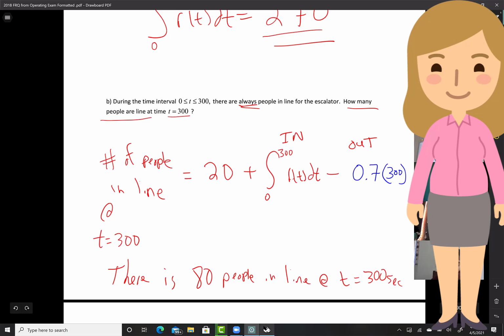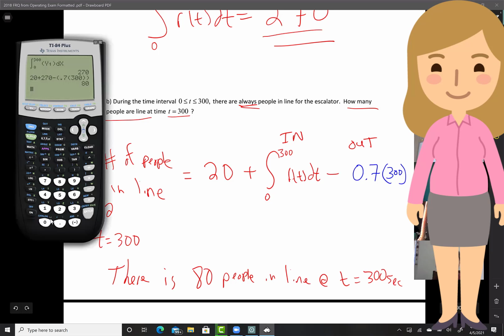It would work. I just don't like it. Look, 20 plus, and then math 9, 0 to 300, and then the rate in, alpha trace y1, minus the rate out, which is a constant 0.7, and it works.